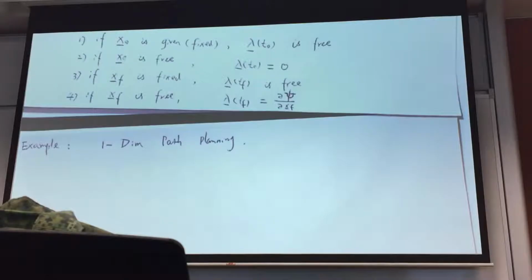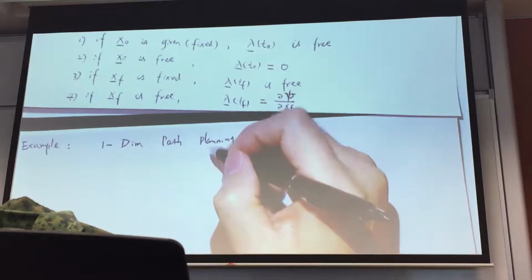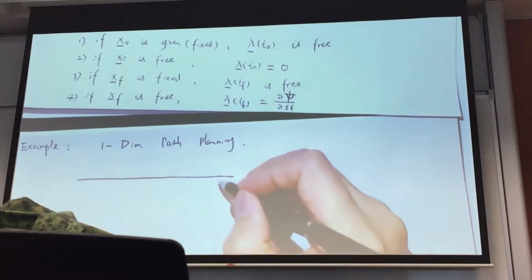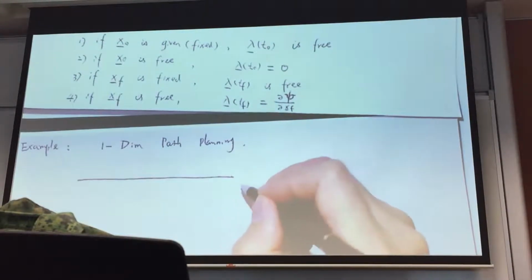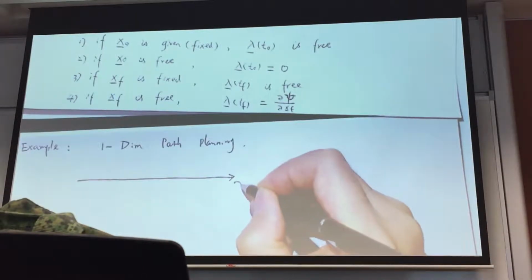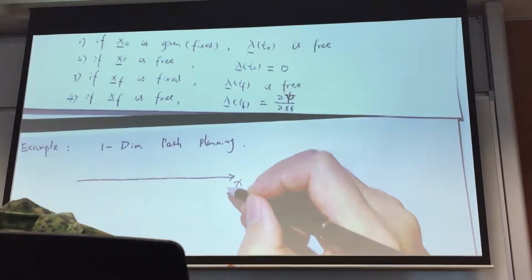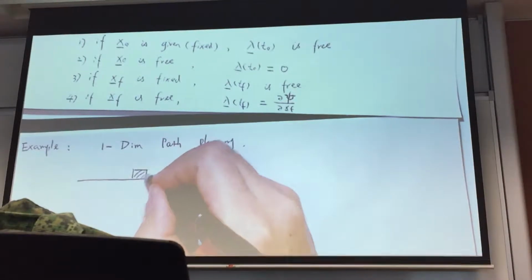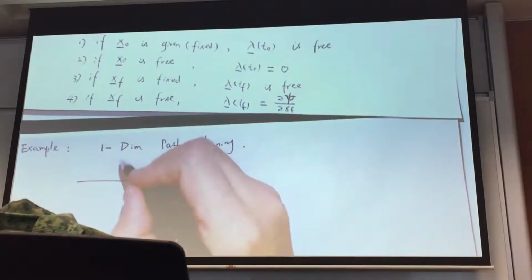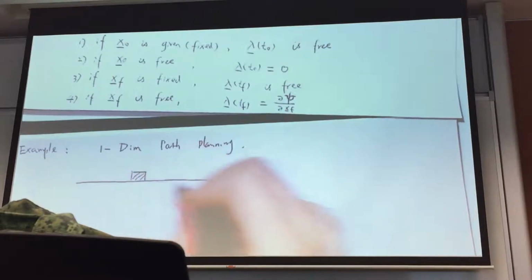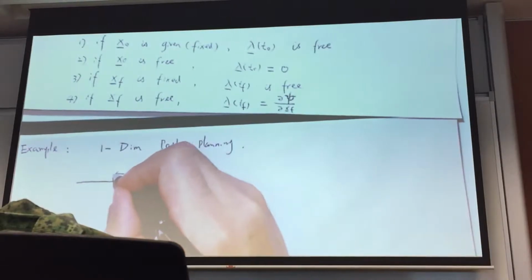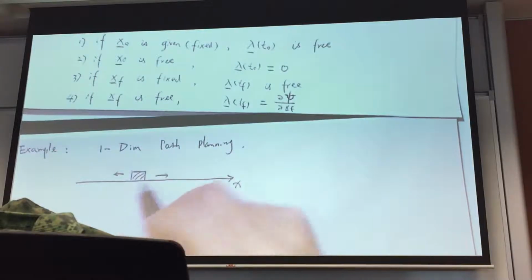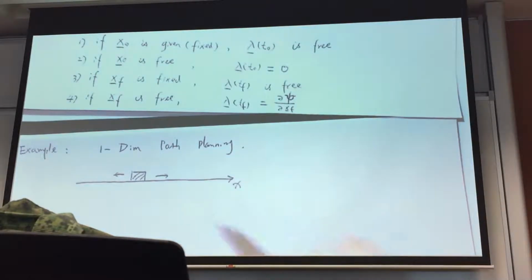You remember this problem: we just get a one-dimensional problem space, an X, and we got a mobile robot in this space. Because it's a one-dimensional space, this robot can only be moved forward or backward, so only in two directions.